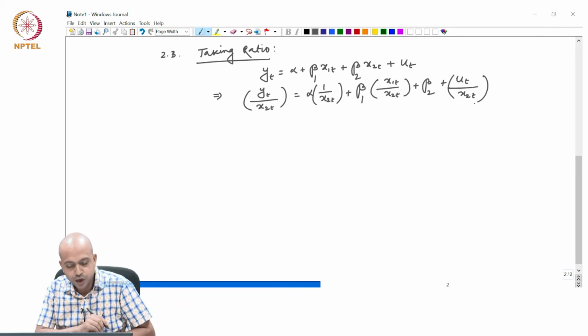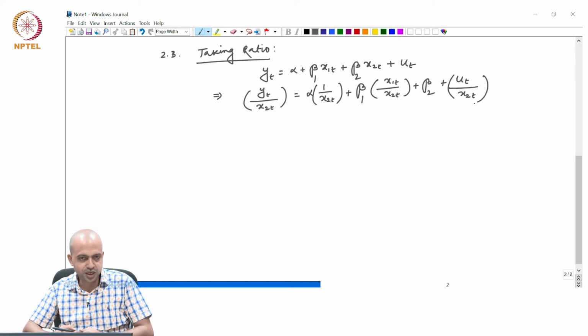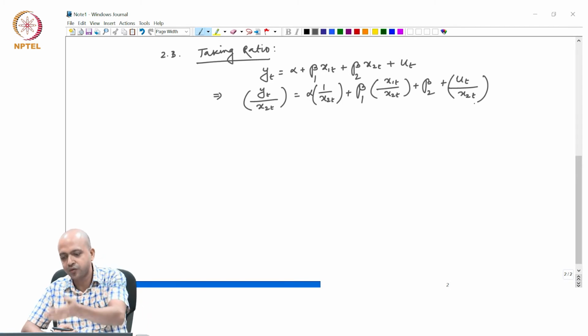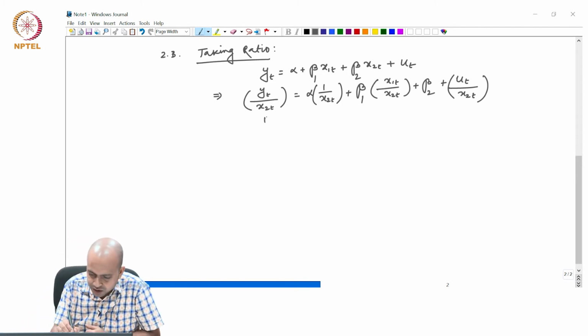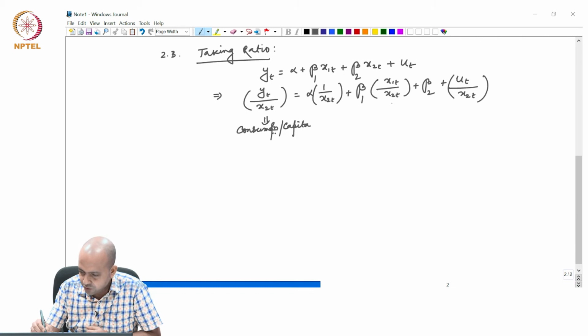So, after this transformation, consumption per capita is actually a function of GDP per capita.